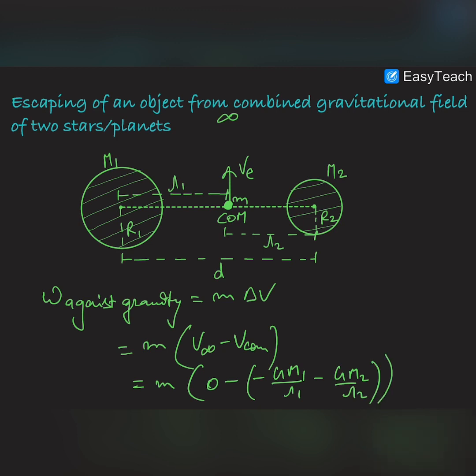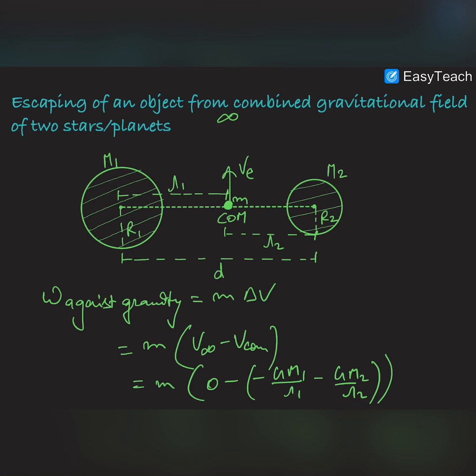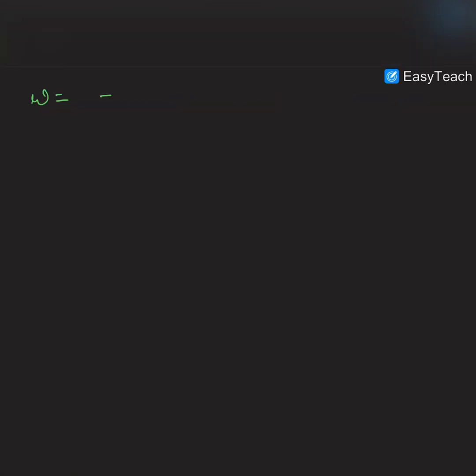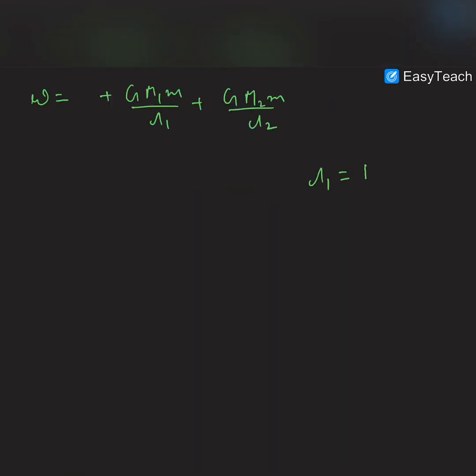Okay, so the work done against gravity would be, you can see, plus G m1 m by r1 plus G m2 m by r2. Now we know that r1 will be equal to m2 d upon m1 plus m2.